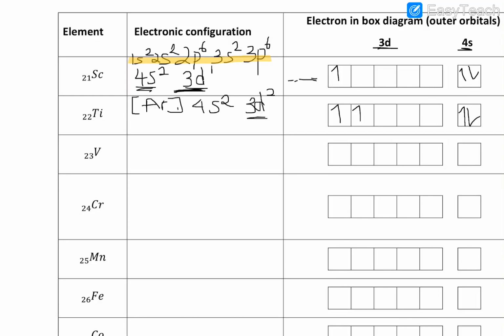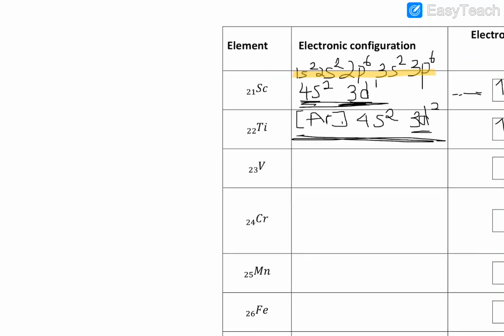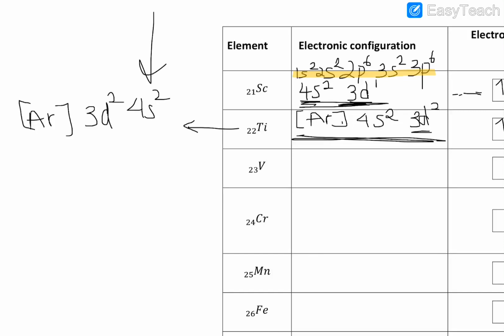So this is okay, but when I'm going to write it properly, I would write Ar, 3d2 and 4s2. That's how I'm going to write it. But when I'm filling in, I will fill in the 4s first, and then I will fill in the 3d.